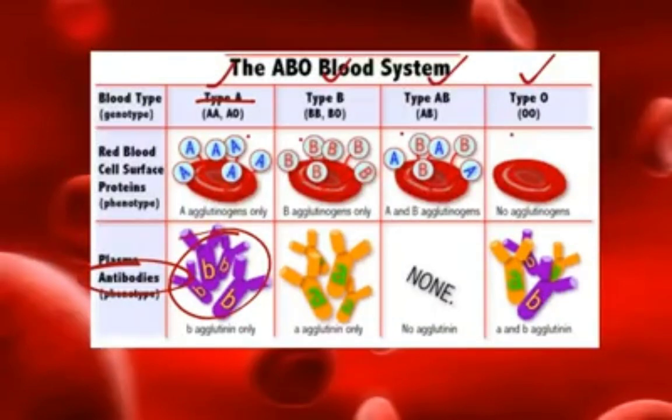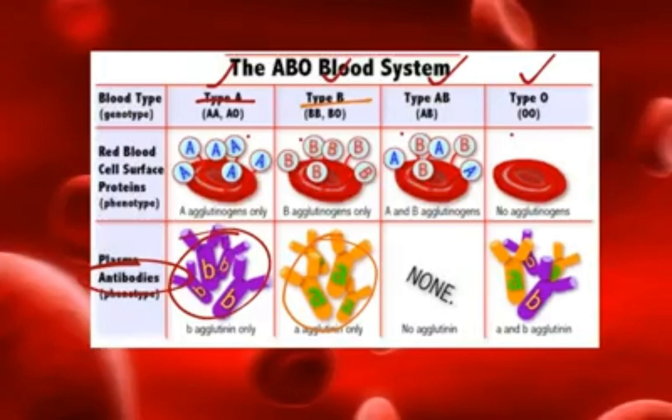The same is true if you are type B and were accidentally given type A blood, because your body has built up A antibodies that will begin to fight off the A blood. So if you have type B blood, your body does not recognize type A blood, and if you are given it in a transfusion, it could be a very bad thing and make you very ill.